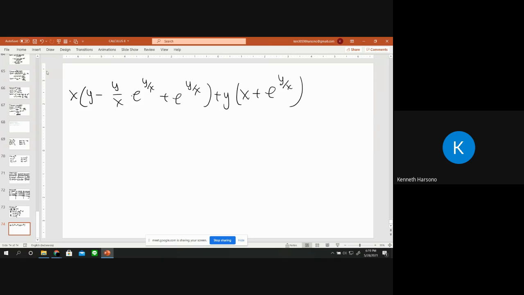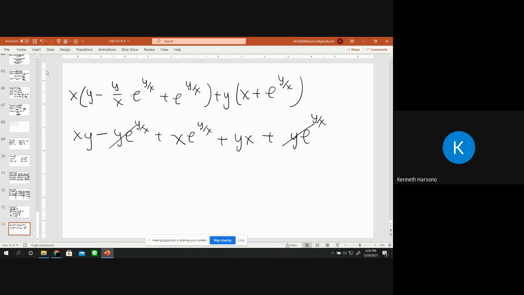So there's xy minus y e^(y/x), which cancels out, plus x e^(y/x) plus yx plus y e^(y/x), and this one cancels out, minus and plus.